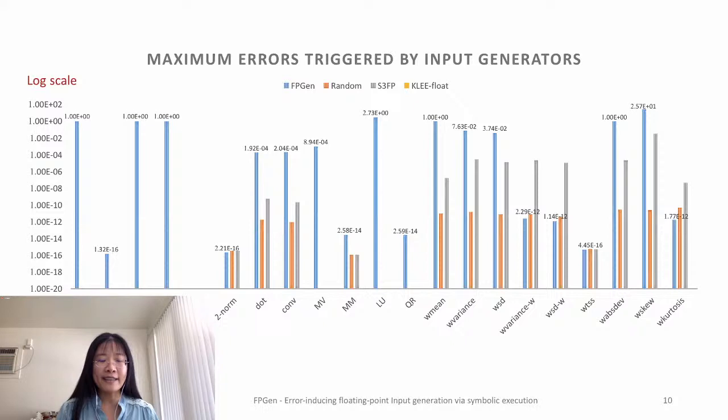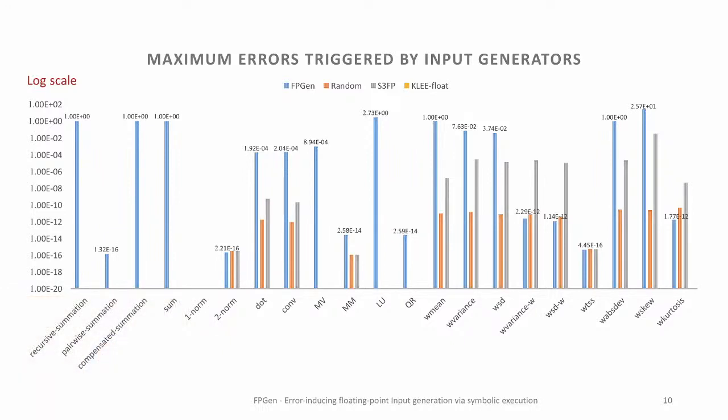This is the visualization of our experimental results. As we can see, the x-axis shows the benchmarks, and the y-axis is the maximum error triggered by an input generator in a benchmark. The y-axis is in log scale.